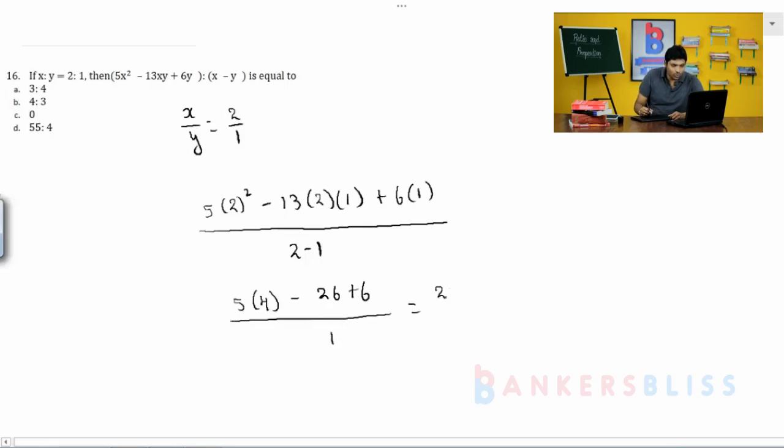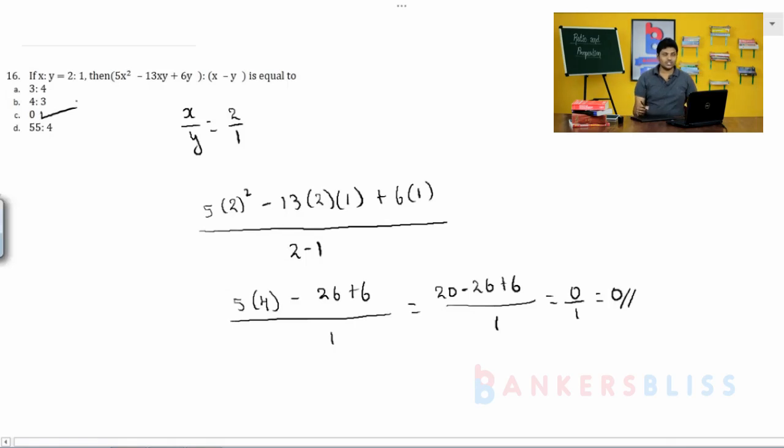So which is equal to 20 minus 26 plus 6 divided by 1, which is equal to 0 by 1, which is equal to 0. Very simple thing. You substitute the values according to the expression they have given. After simplification, you get the value as 0. So answer C, 0, is the right answer.